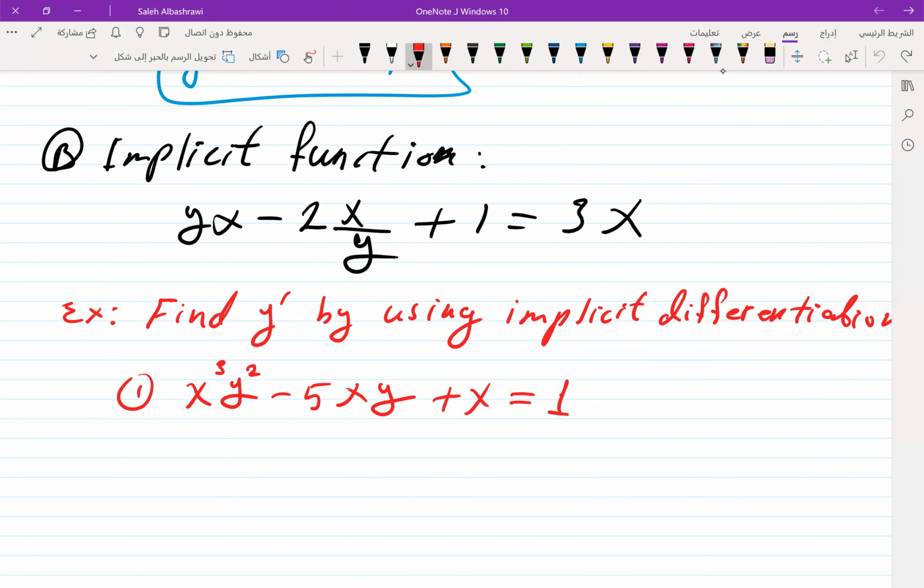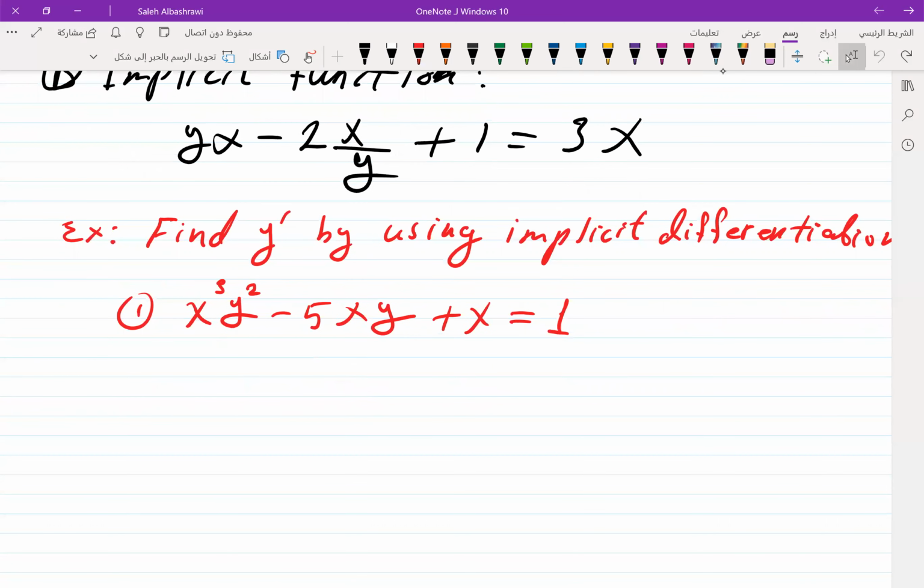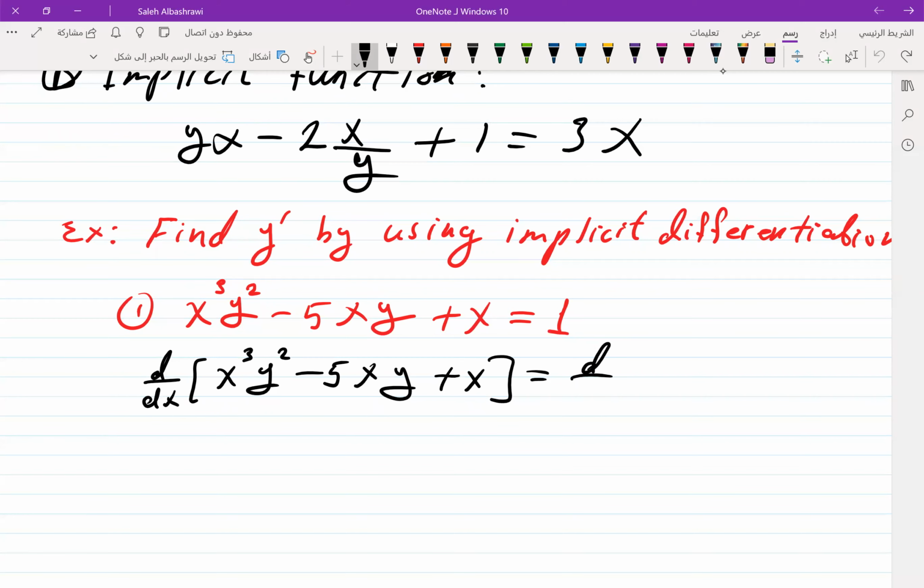So I will differentiate this one. To differentiate, it is d over dx. It means we are differentiating the equation with respect to x, the left hand side and the right hand side.